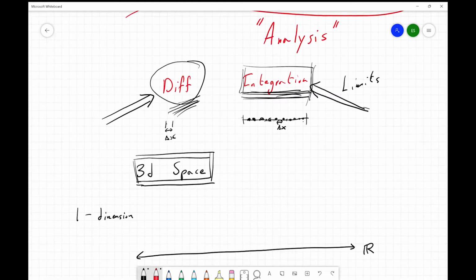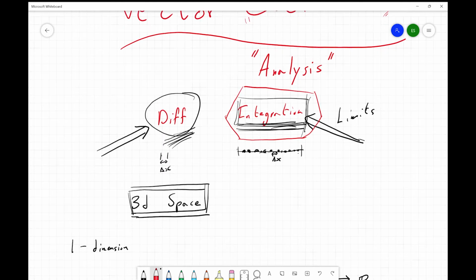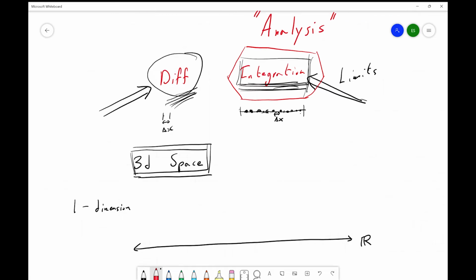Let's take the point of view I like to take when introducing this subject, which is that integration is the fundamental operation that you do. Let's take that point of view, that integration is the fundamental thing that you do, and from that you get differentiation.